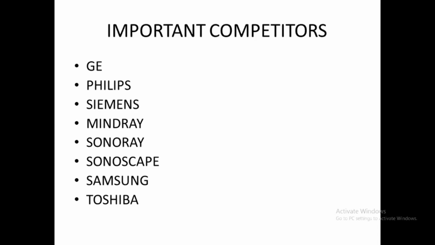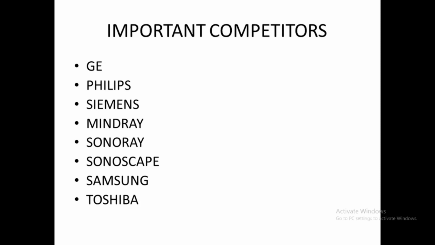These are the important competitors that we can see: GE, Philips, Siemens, Mindray, Sonoscape, Samsung and Toshiba. GE is the most highly recommended brand by most physicians, radiologists and gynecologists.